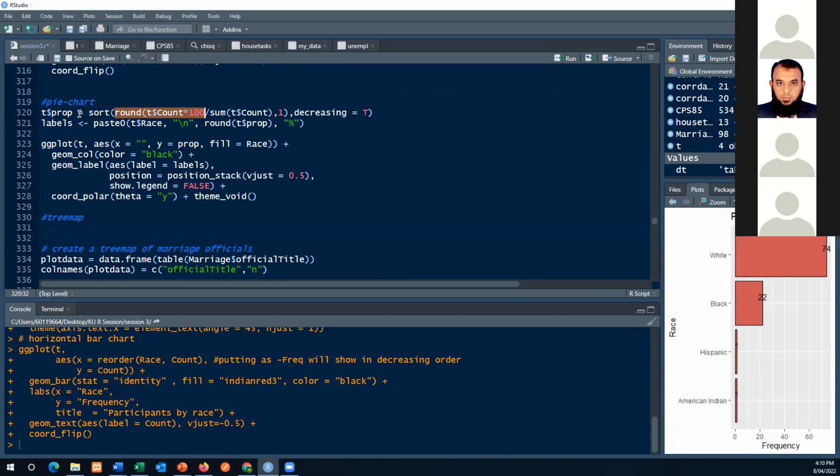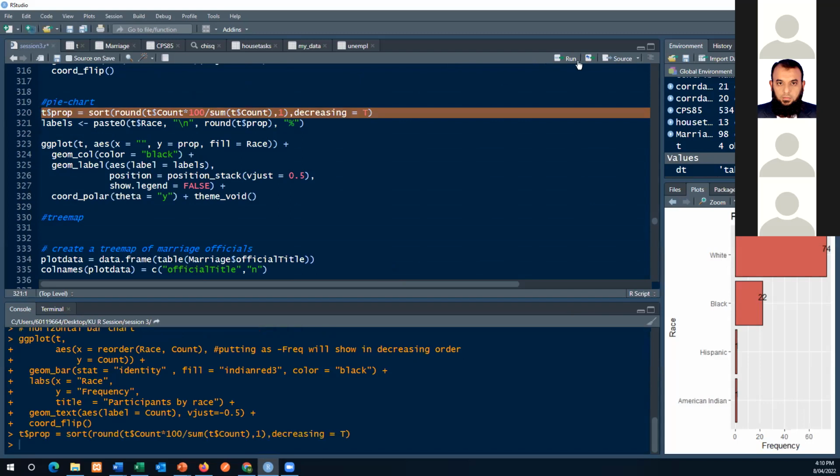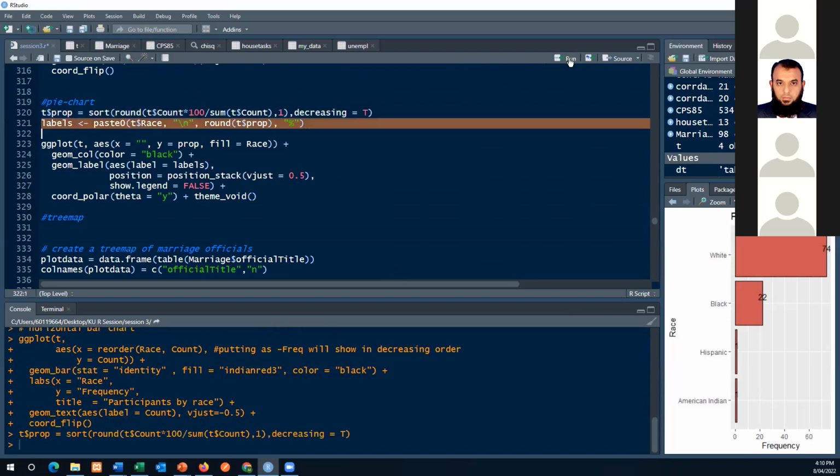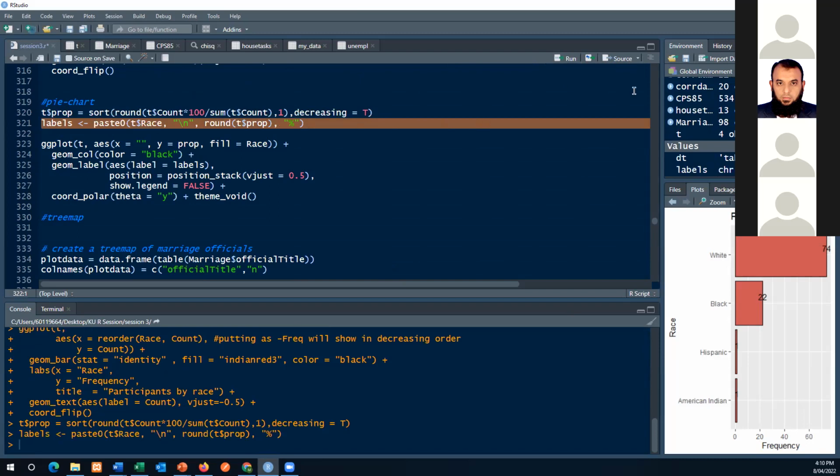That will give you the proportion. So let's calculate the proportion. We could do it in data wrangling, but since we don't know that, we are doing it in a simple R formula.